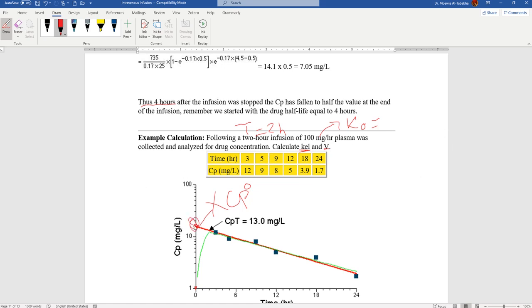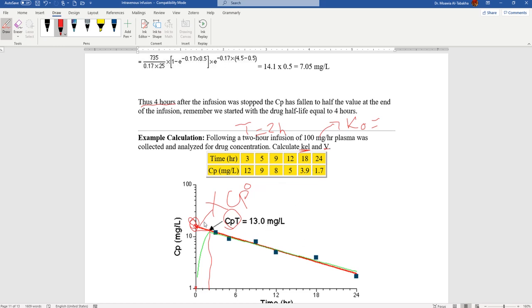But it will be important to us at this point on the line, the CPT capital at 2 hours. This is important to us, and we can read the concentration from the y-axis as CPT capital equal to 13 milligram per liter.